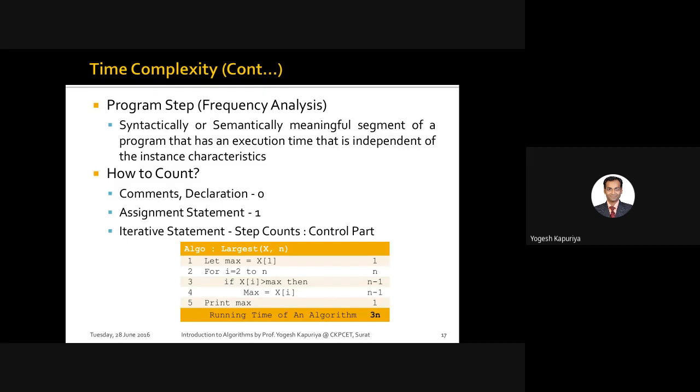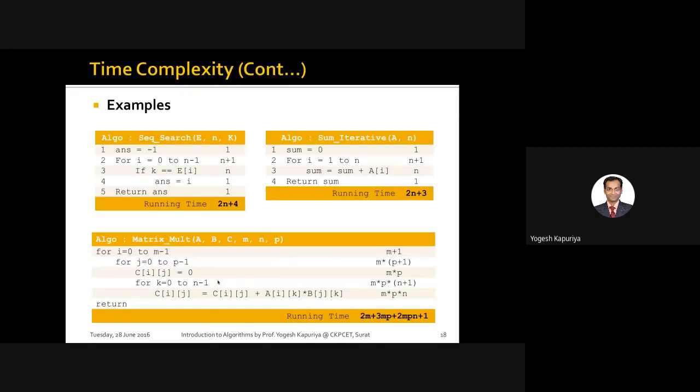So you have to observe where that conditional checking is being done. For example, if it is being done on line number 2, then this particular statement will be executed n, that is the number of iterations, plus 1. Anything inside that particular loop will be executed n times. So whatever is the step count of that particular statement has to be multiplied by n, where n is the number of iterations that loop is going to run. So this is the basics of counting the step.